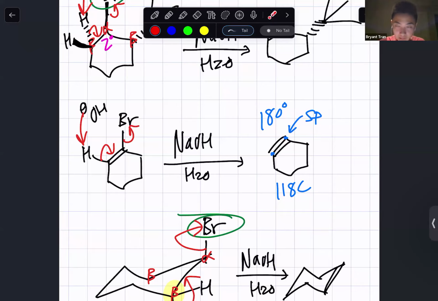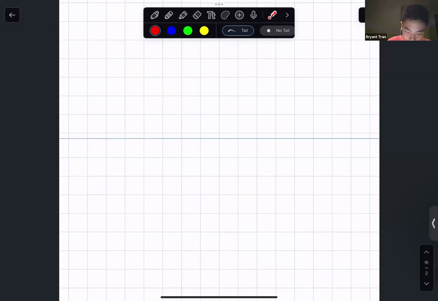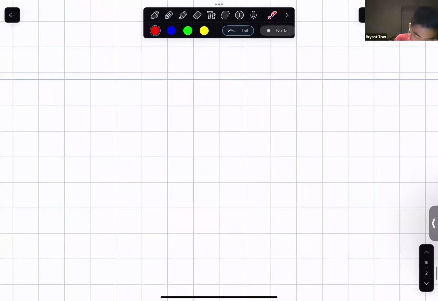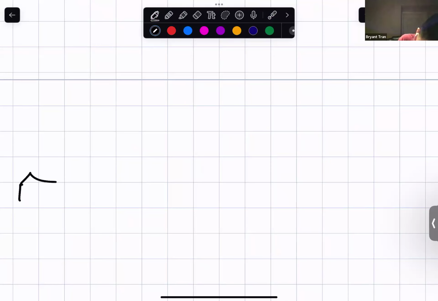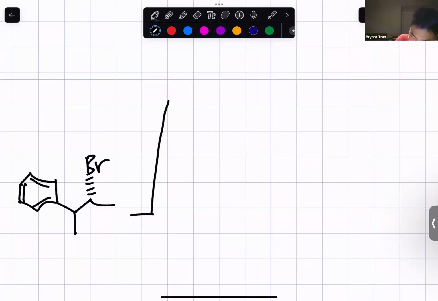Okay, now let me go over some practice exams that Ashna sent me and the mechanism of that. Let's say we have this reactive molecule here, and we react it with multiple different reagents.